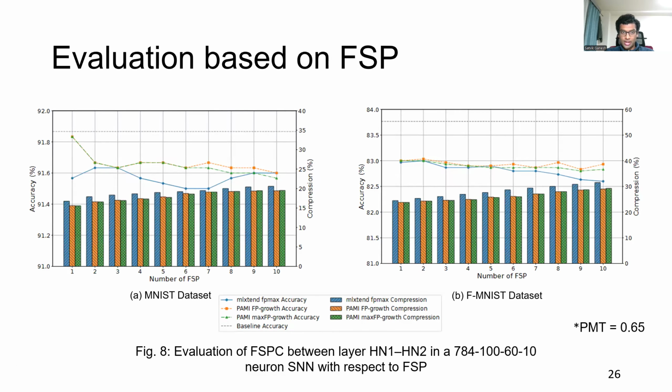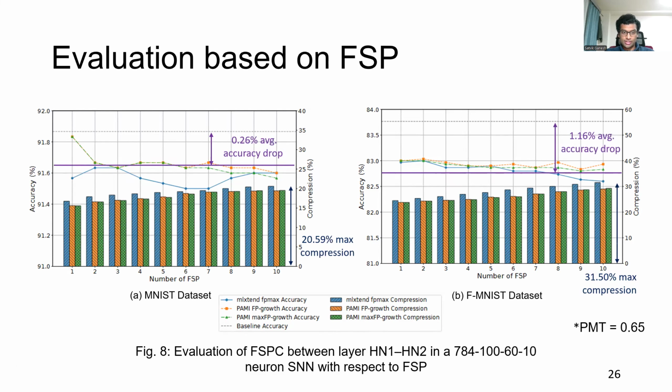Now let us look at the evaluation based on FSP. The left vertical axis shows the accuracy, whereas the right vertical axis shows the compression for both MNIST and FMNIST dataset. For the MNIST dataset, we can see that the average accuracy drop is 0.2%, but for FMNIST, it is 1.16%.